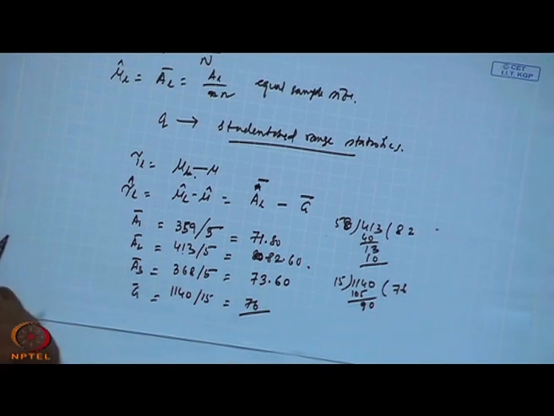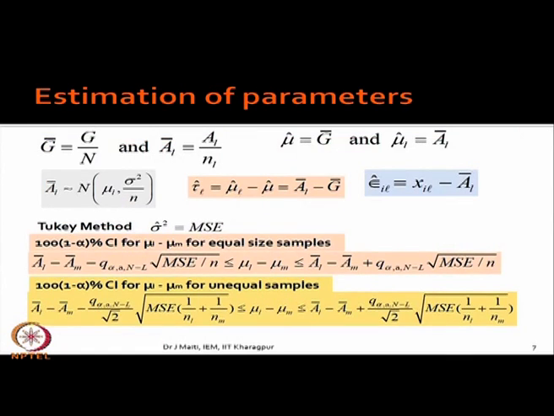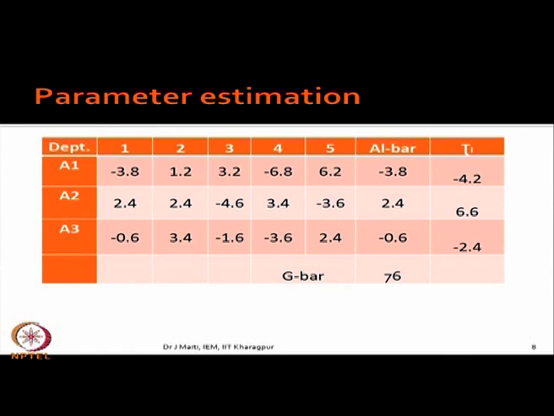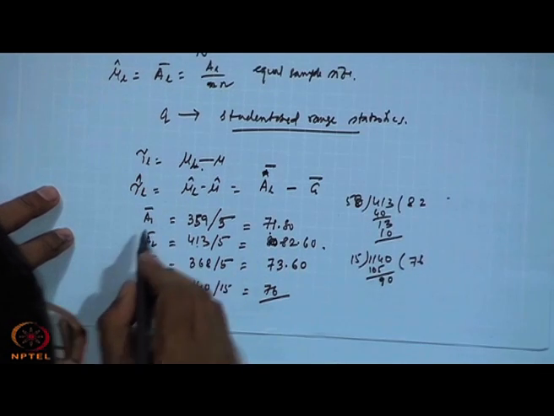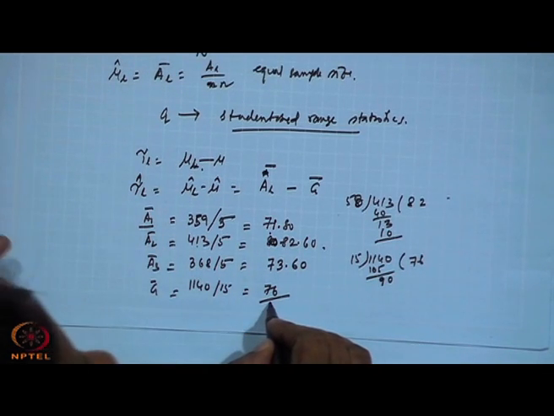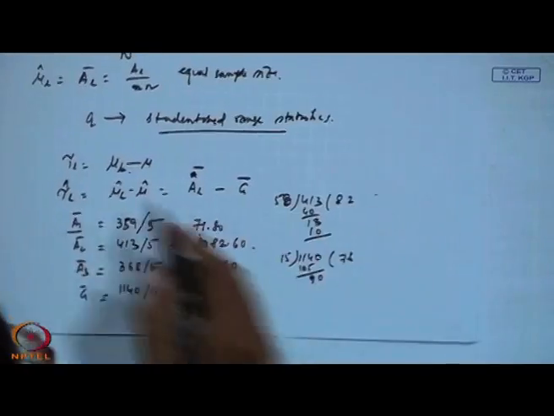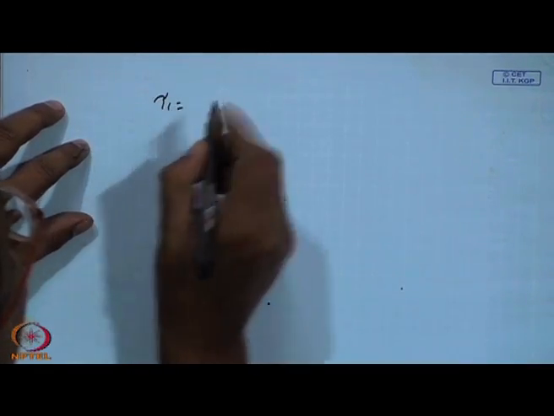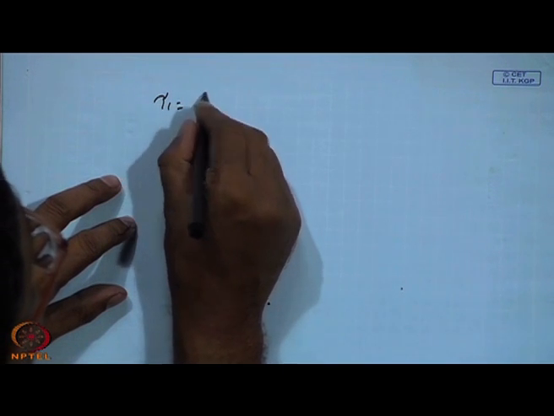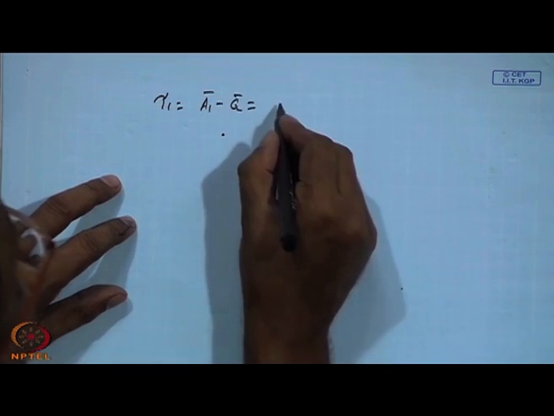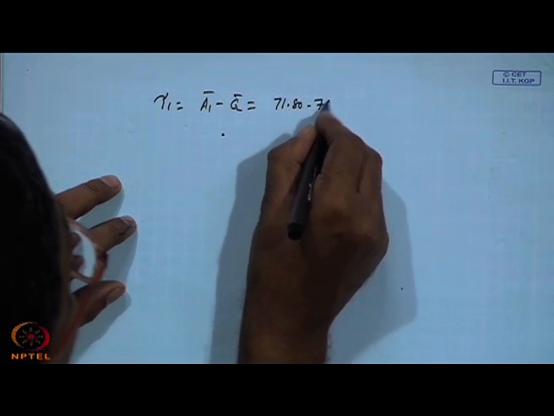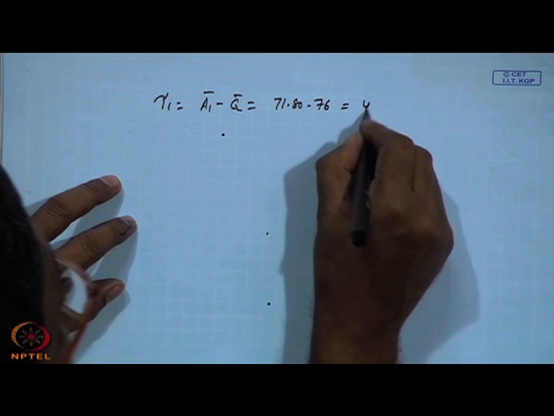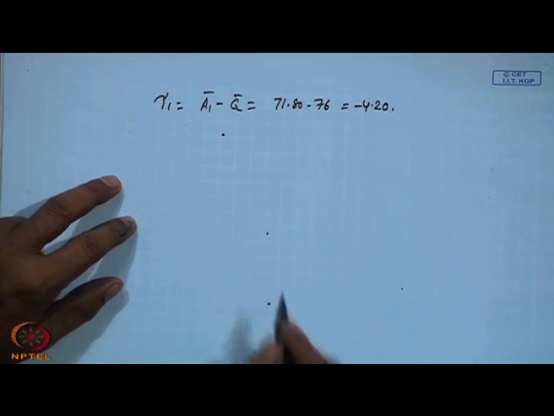Now you come to these values here. A1 bar is given, G bar is given, the difference is tau 1. So what will be my tau 1? Tau 1 will be A1 bar minus G bar, which is 71.80 minus 76, so minus 4.20.